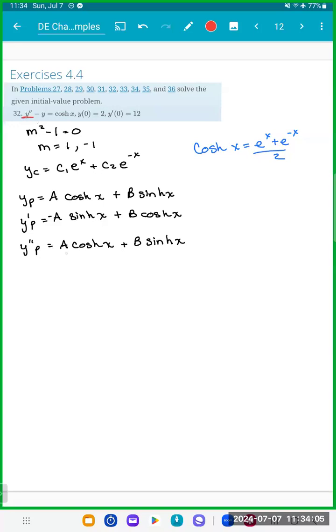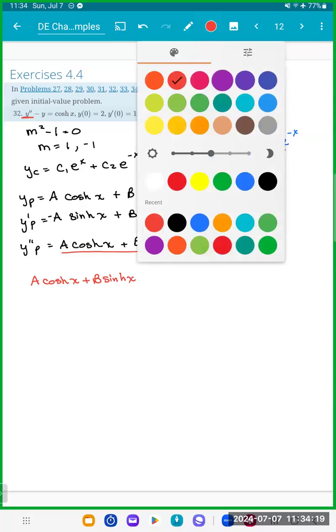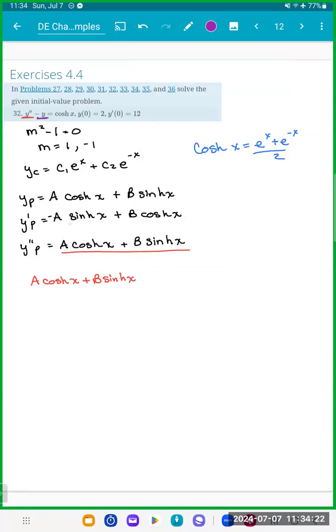So here is our double prime, so that's this. We end up with a cosine hx plus b sine hx. And subbing in for just our y, that is this up here. And so we're minusing a cosine hx plus b sine hx. Okay, and so all of that is equal to cosine h.